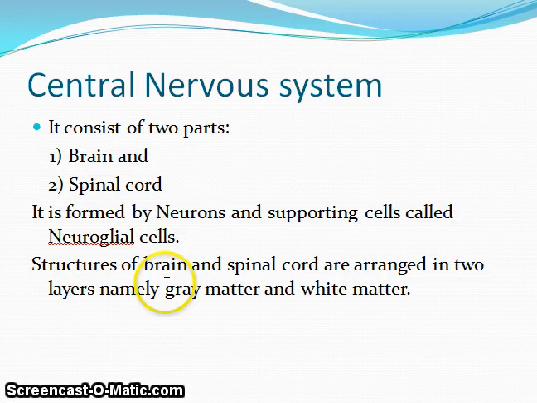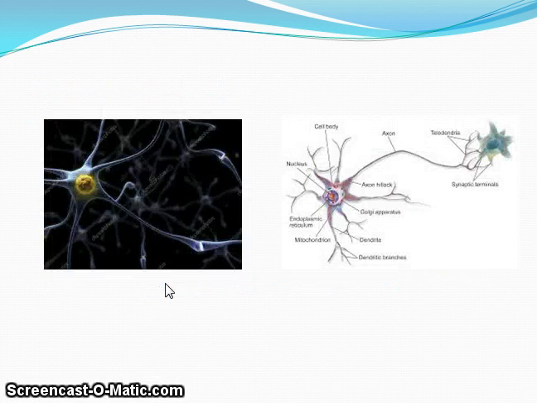Now, structures of brain and spinal cord are arranged in two layers, namely the gray matter and white matter. We all have heard so much about gray matter and white matter, right? Now, what is this gray matter and what is this white matter exactly? See, this is the image of the neuron.